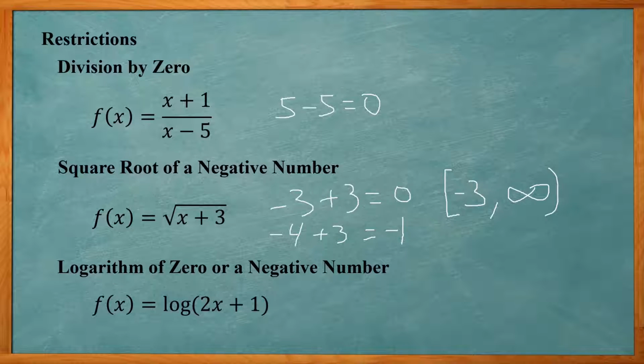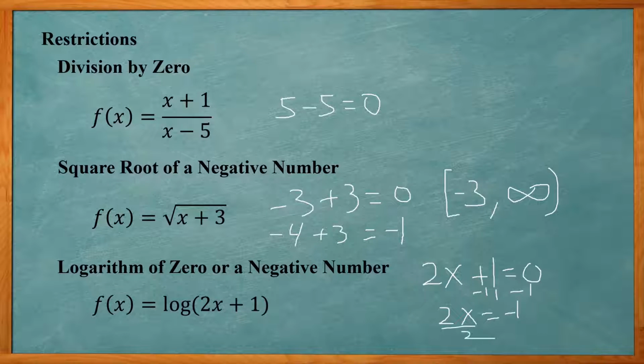And our third restriction is you don't want to take a logarithm of a 0 or negative number. So here, 2x plus 1, I want to find out what value of x makes this 0. So I just set it to 0 and solve for x. So I'll subtract 1 from both sides. So 2x equals -1.